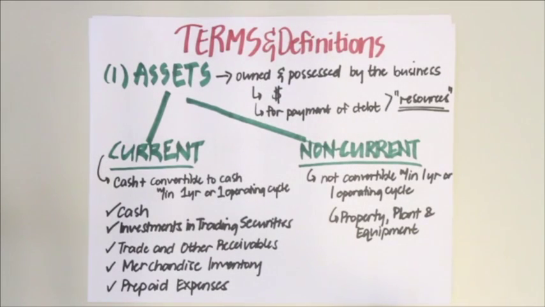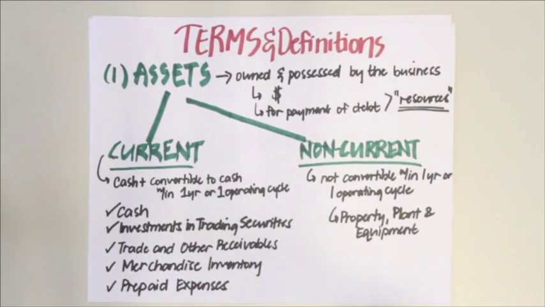Your current assets include cash and any other assets that are reasonably expected to be converted into cash or consumed during 1 year or one operating cycle, whichever is longer. So current assets include your cash, investments in trading securities, trade and other receivables, merchandise inventory, and prepaid expenses.